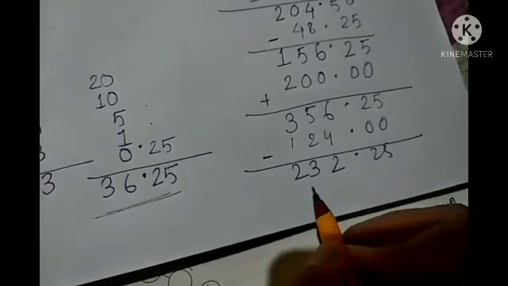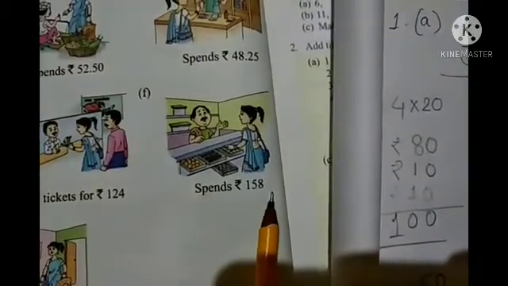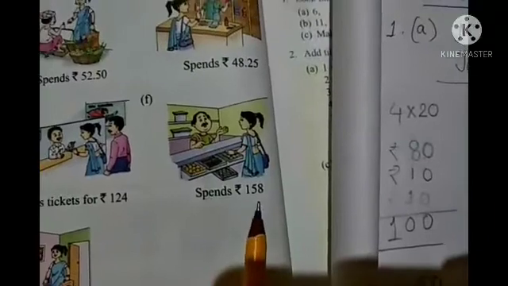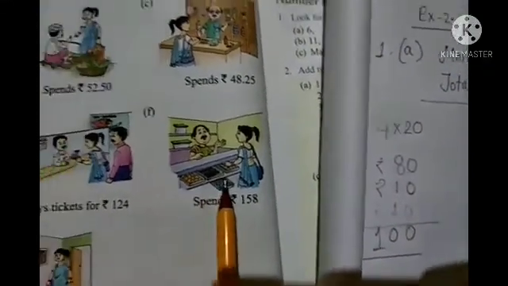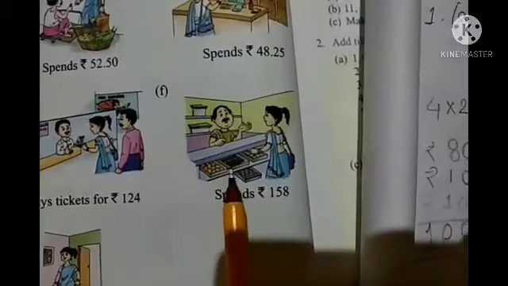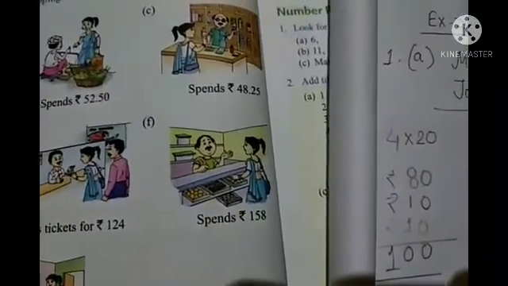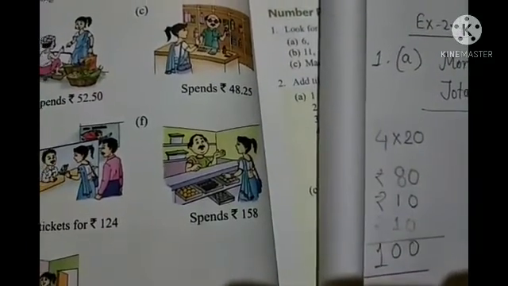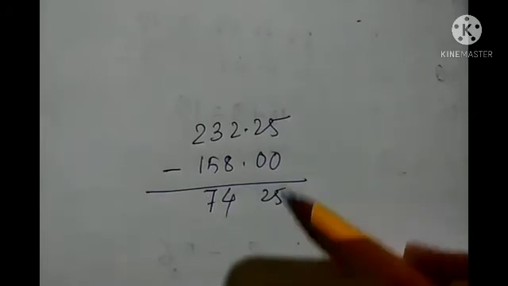Now again you see F. There it is shown that she spends rupees 158. Okay, spends again, that means she was buying some fruits, or yeah, it's sweets, I think. Yes, you can see some sweets. So she bought some sweets of rupees 158. So we have to subtract again. So 158 if we subtract, we'll get this, right?